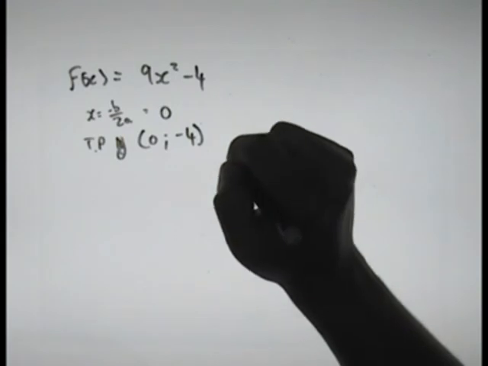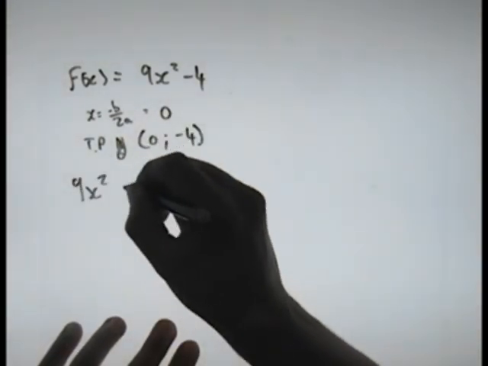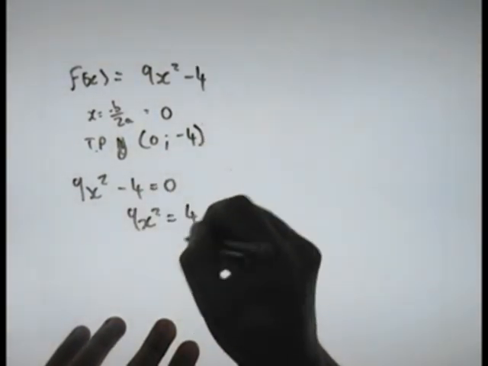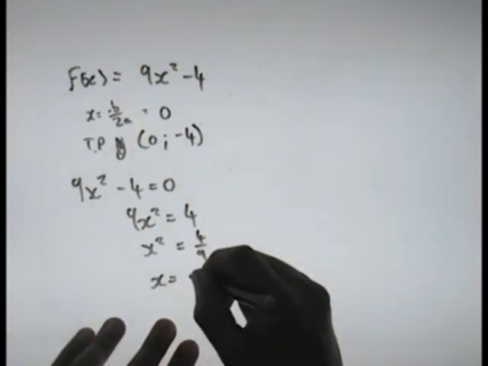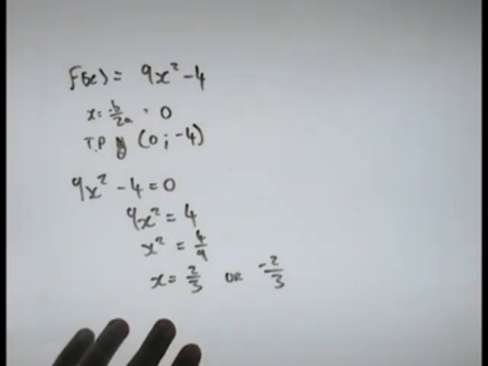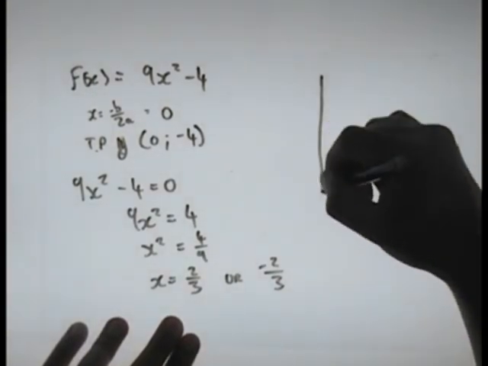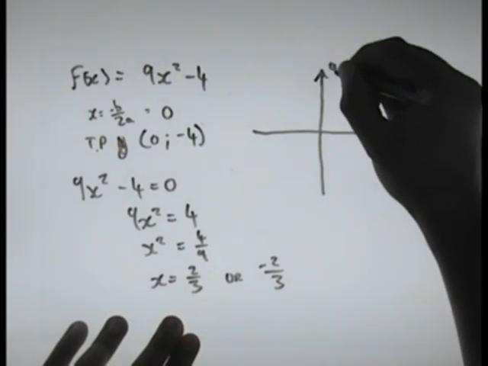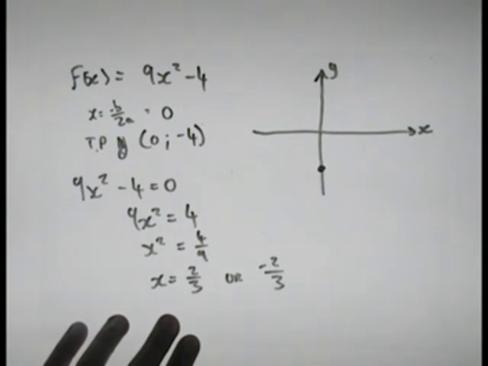We then look for our x-intercepts, which means that y is equal to 0. 9x squared minus 4 is equal to 0. 9x squared is equal to 4. X squared is equal to 4 over 9. X is equal to positive 2 over 3 or negative 2 over 3. Sketching that on a graph, our turning point is when x is equal to 0, y is equal to negative 4, so that's somewhere over there.